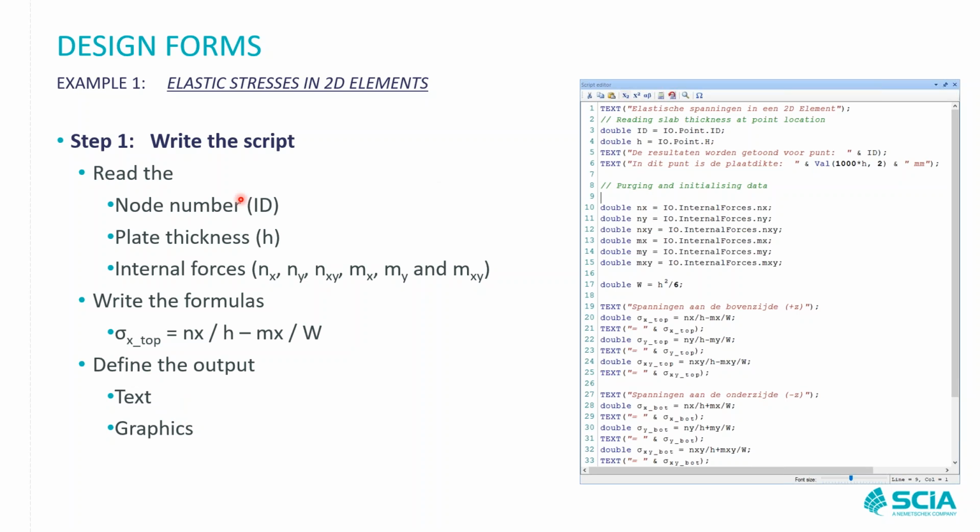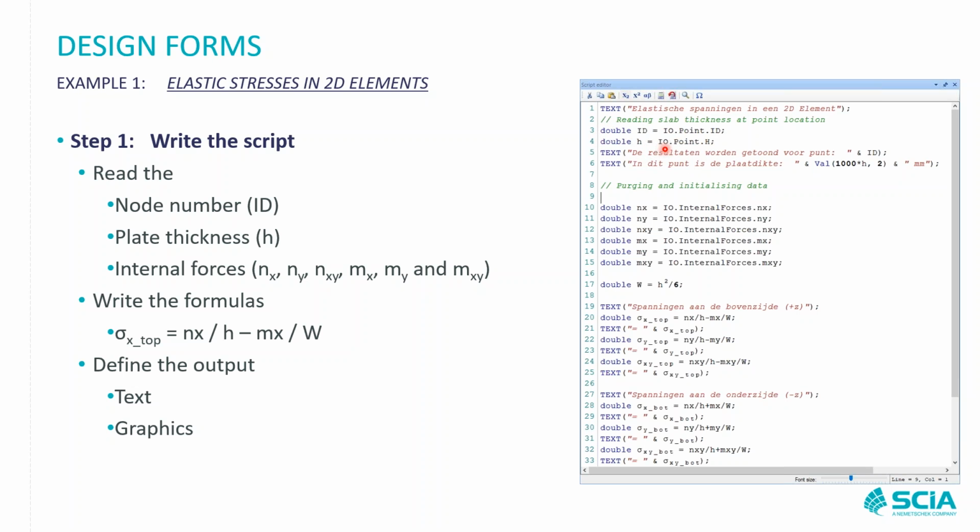Reading information from SCIA Engineer is very simple. Everywhere where you see a line starting with IO dot something, we are reading information from SCIA Engineer. In this case, we start with reading IO dot point from a node in SCIA Engineer, the ID, so the number of the node.